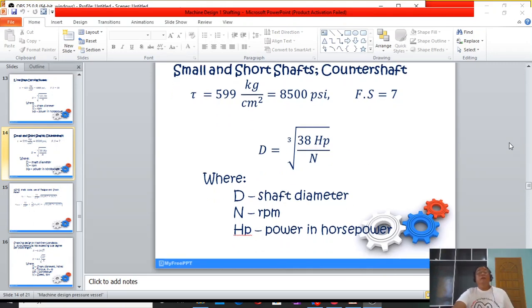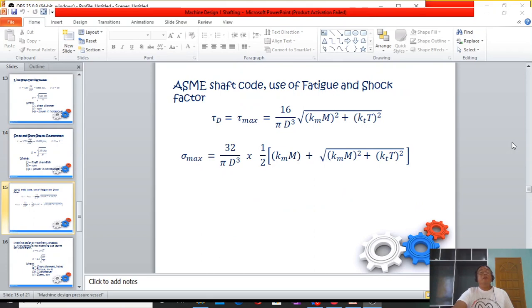Next is for the ASME code, class, using the fatigue and shock factor. Take note, class, that this is the maximum shear stress theory. That is 16 over pi d cube times the square root of (Km M) squared plus (Kt T) squared. If the factor for the moment, or Km rather, is considered, you are going to multiply this factor to the moment.